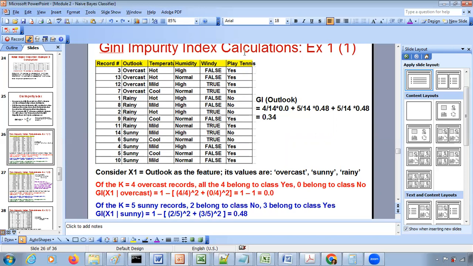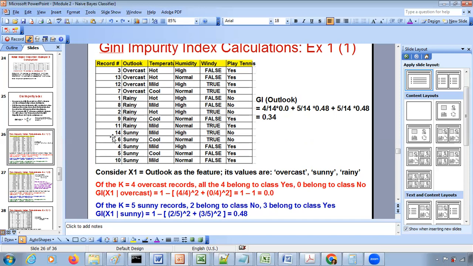And this data set has 2 classes, yes or no, to play tennis. And you see all the 4 overcast records belong to the class yes. There's no record that belongs to the class no. So we say the Outlook feature with overcast as its value is 100% pure because all the 4 overcast records belong to the same class.